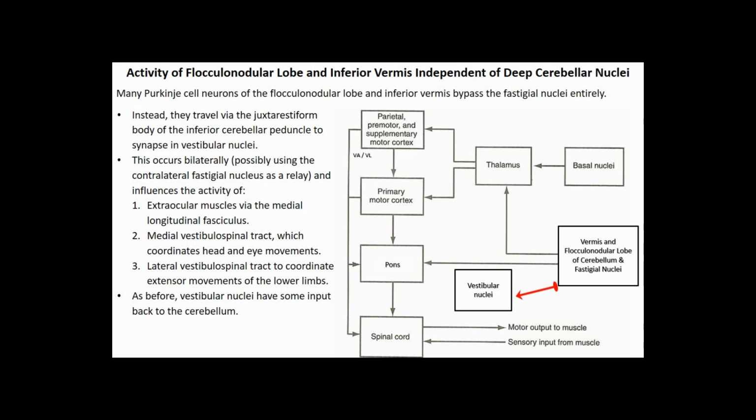And we also have the medial longitudinal fasciculus stretching up from the vestibular nuclei to cranial nerve 6, 4, and 3, so that movement of our head is taken into account as we coordinate movements of our eyes.